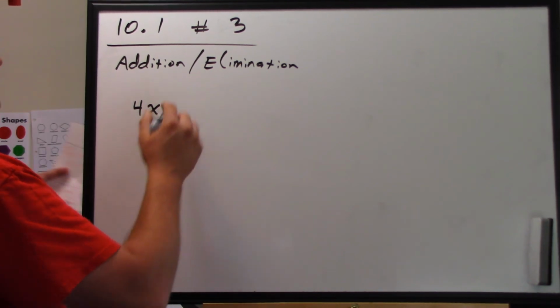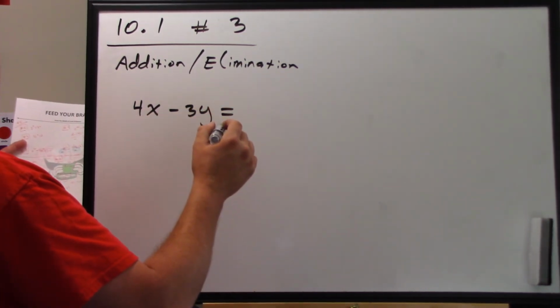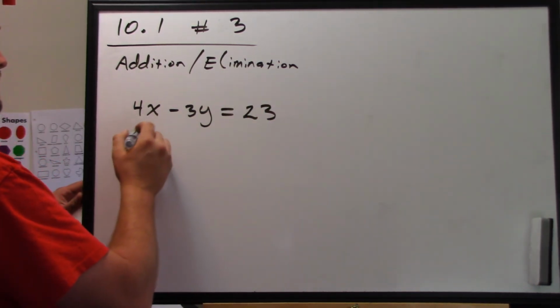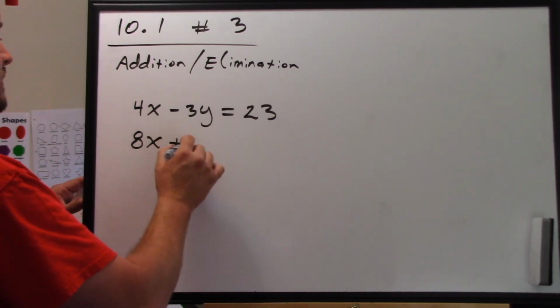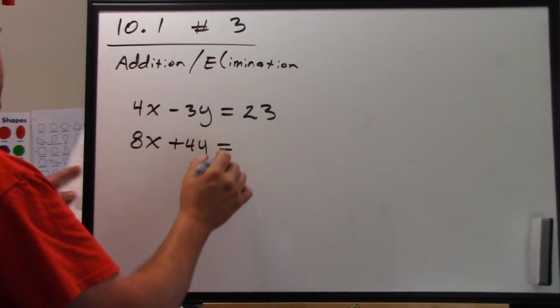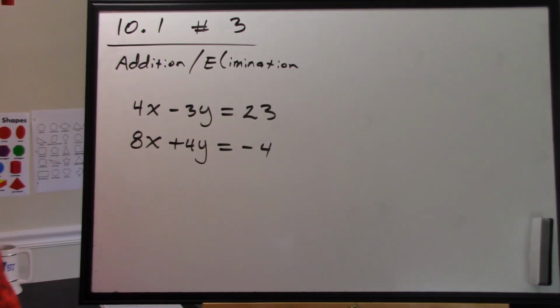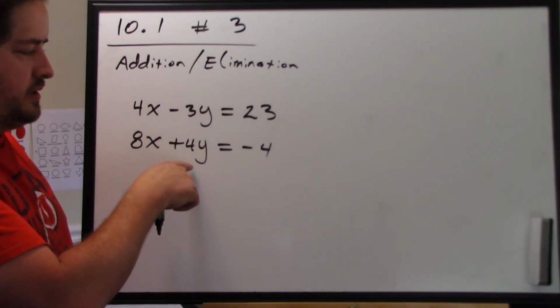I have 4x minus 3y equals 23. And then I have 8x plus 4y equals negative 4. And that's not to say I couldn't use substitution here, right? I could just figure out which one of these I want to solve for.